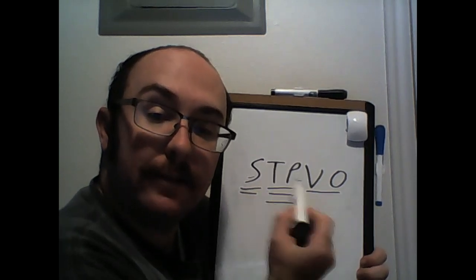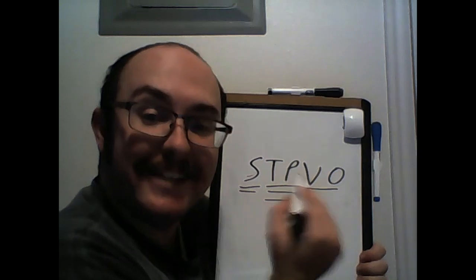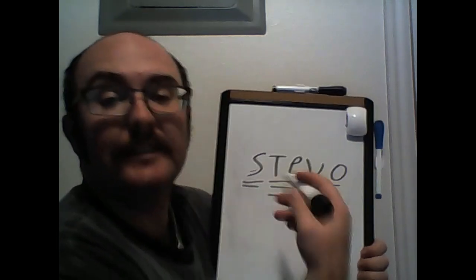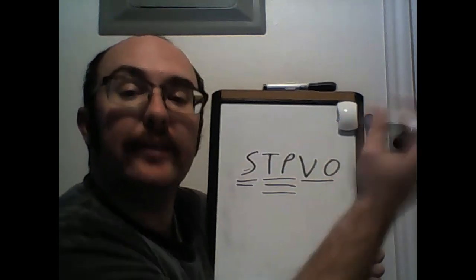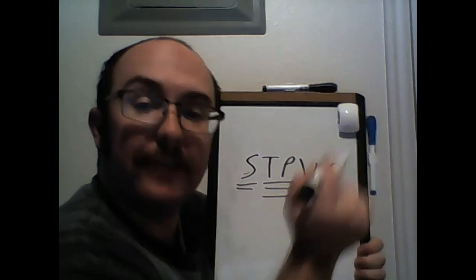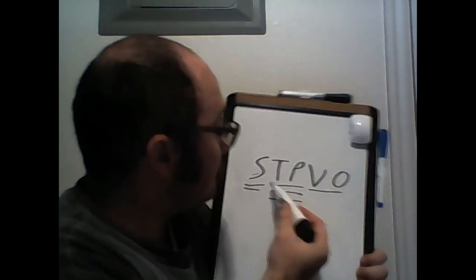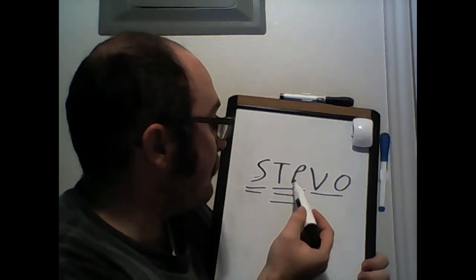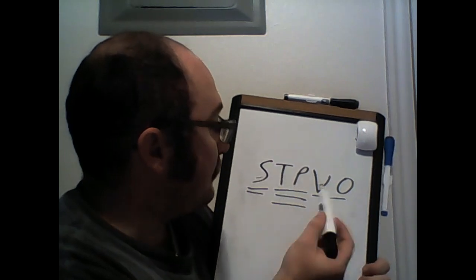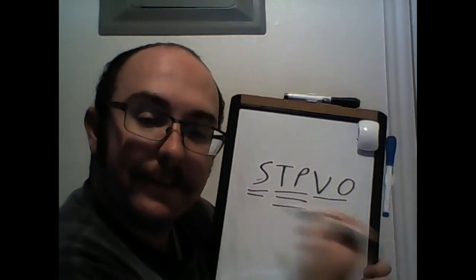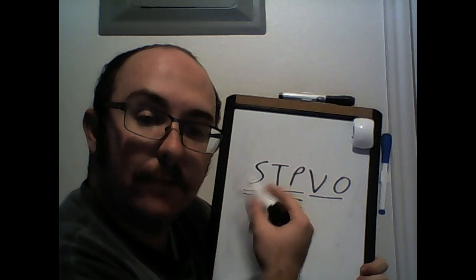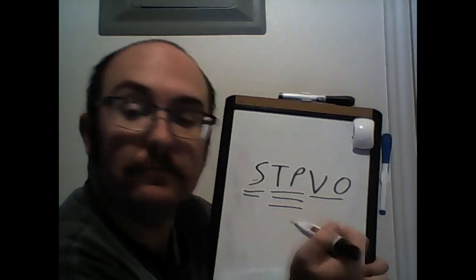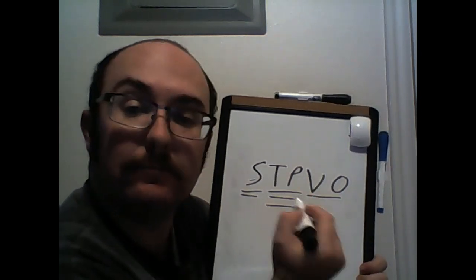So time, verb, object. 等一下 In a little bit. Wait a little bit and then we'll eat. Or you could just have 我吃饭, I'm eating.